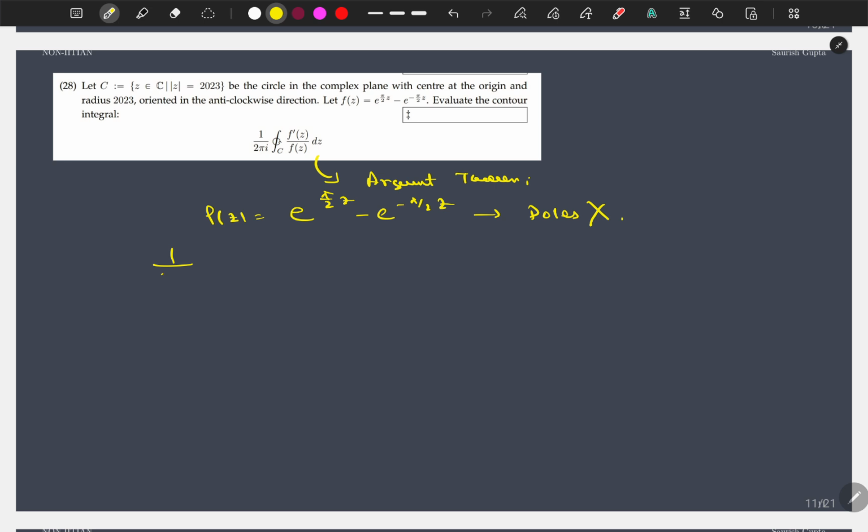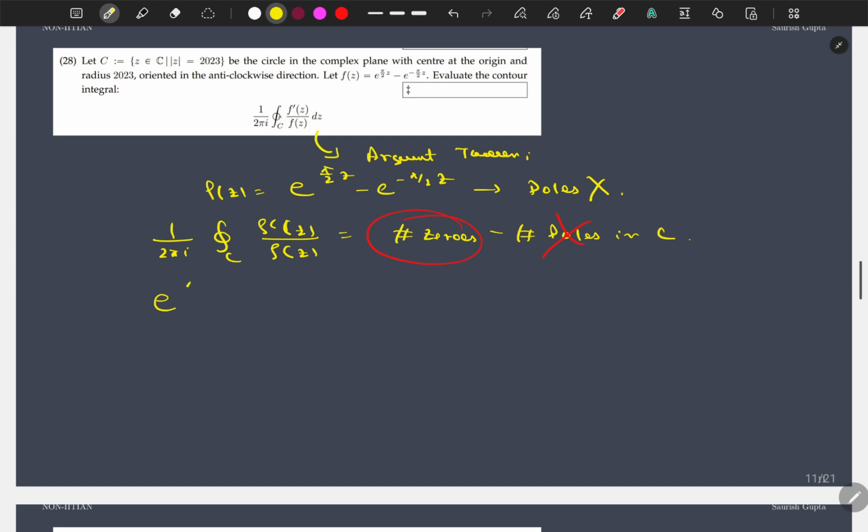We know that 1 over 2 pi i times the integral over C of f prime of z over f of z, when each of the zeros and each of the poles have winding number 1, is nothing but the number of zeros minus the number of poles in C. And this has no poles, so the only thing you need to check is what the zeros are.